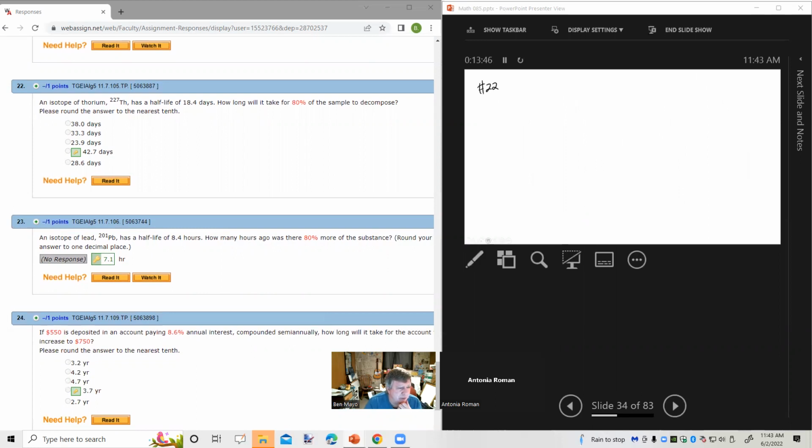An isotope of thorium, 227Th, has a half-life of 18.4 days. How long will it take for 80% of the sample to decompose? All right, so we don't know the beginning amount, but the ending amount, if 80% decomposes, 20% remains.